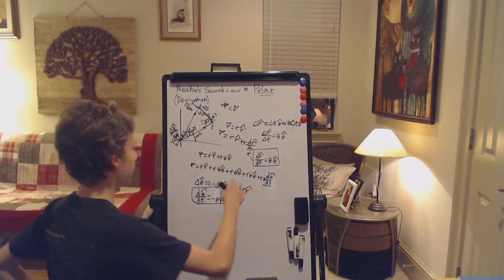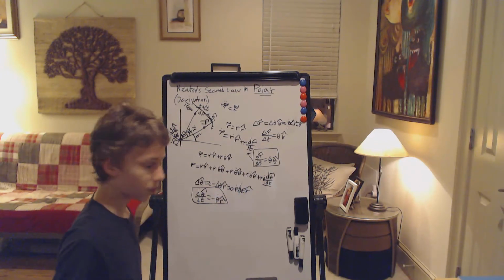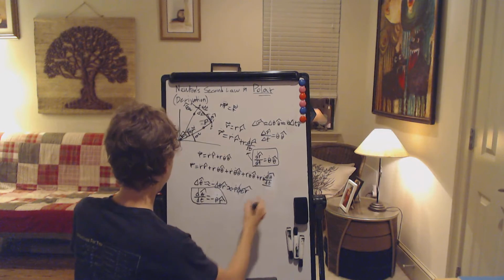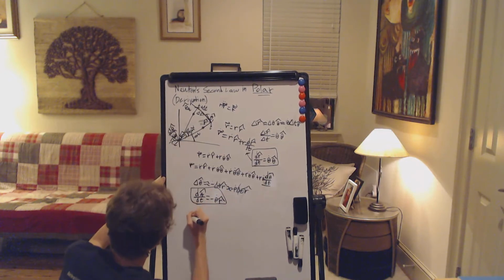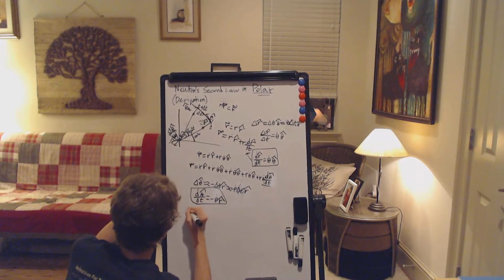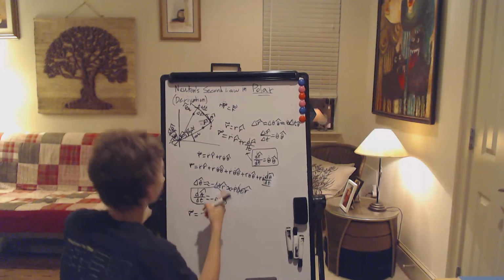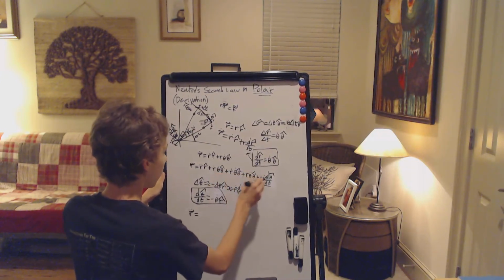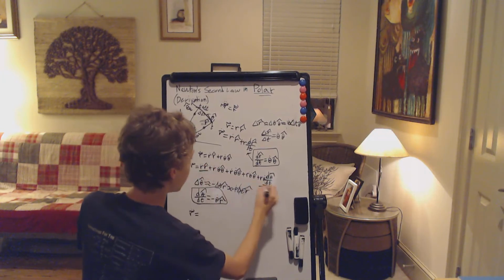And finally, we are about to conclude the proof. So plugging that in, we simply get that r double dot is equal to, and let's try to combine things. Where are our hats? We have this term and we have this term.